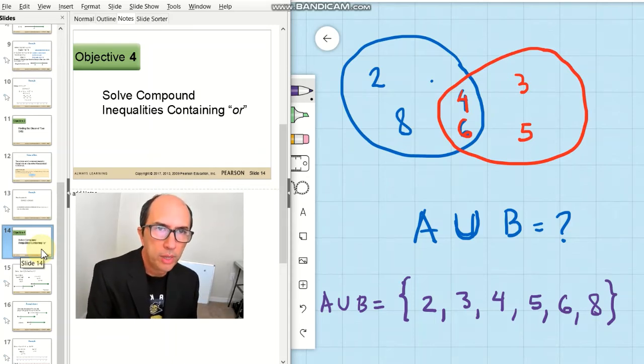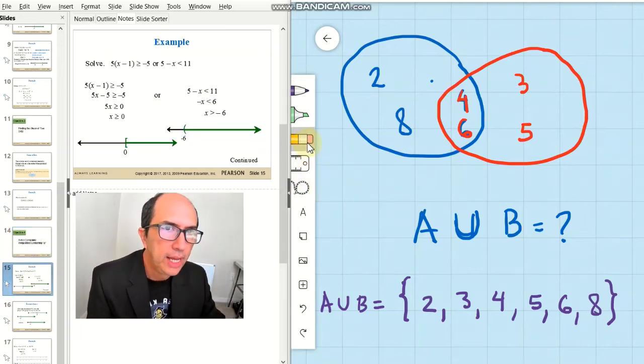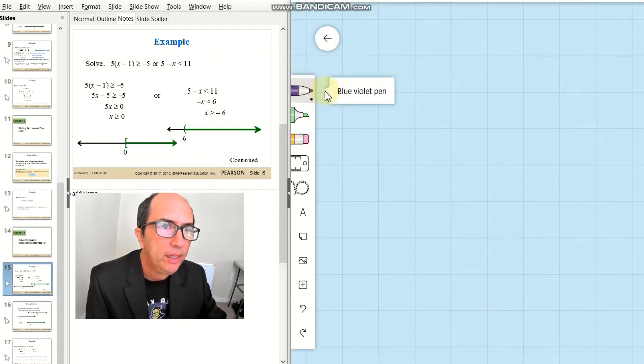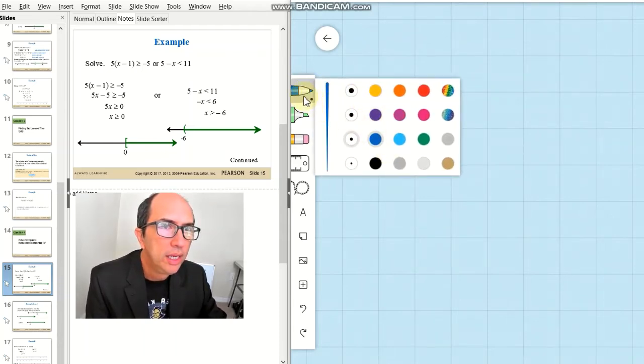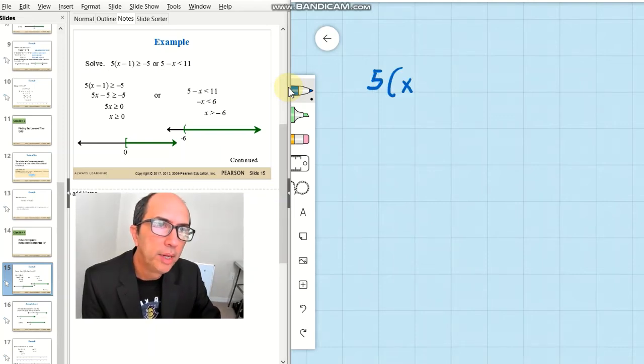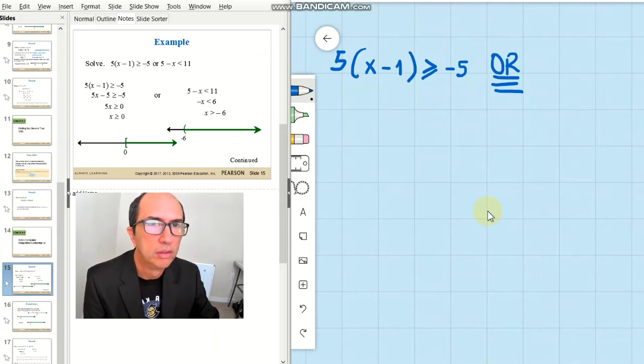Solve compound inequalities containing OR. And the first example here, solve. If you have the inequality 5 times x minus 1 is greater or equal than negative 5, or, what's the meaning of OR?